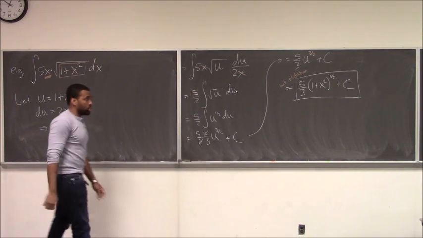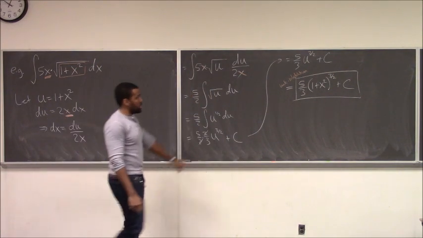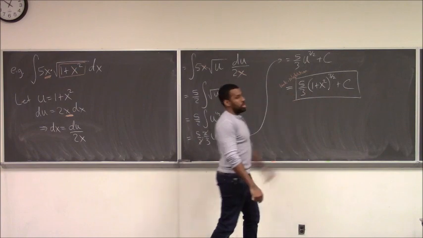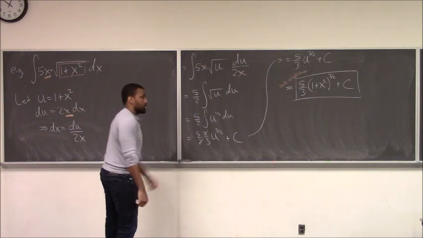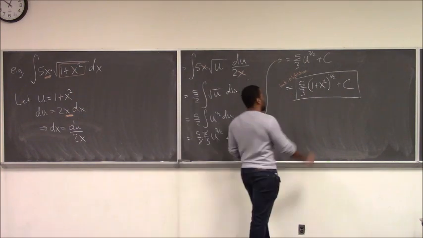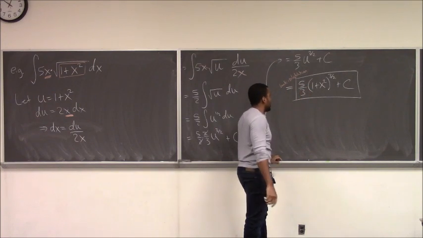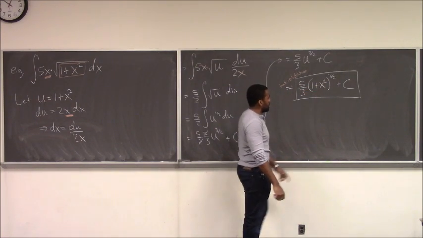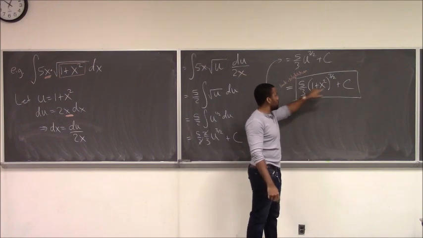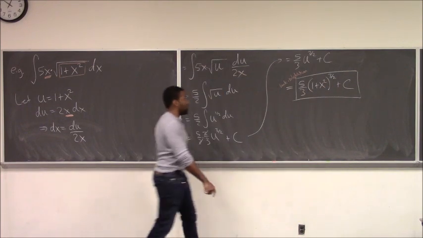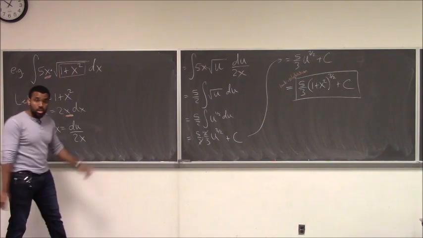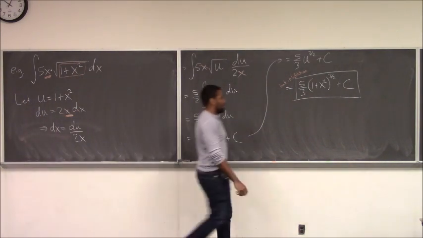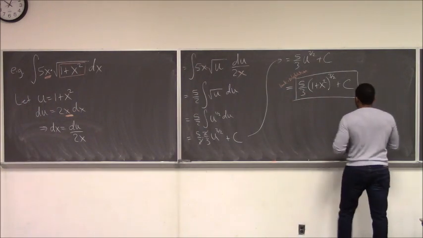And you can, of course, check. If you were to differentiate this, you would actually get that. Differentiate it with the power rule: the 3/2 comes down, the 3's cancel, you get 5/2 times this to the 1/2 power. You would multiply by a 2x, the 2's would cancel, and so you would end up with 5x times the radical of this. So that's actually the integral.